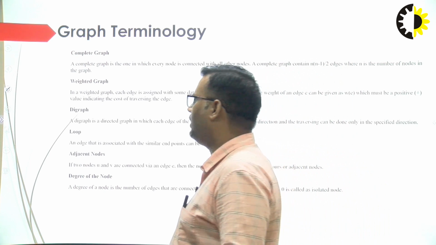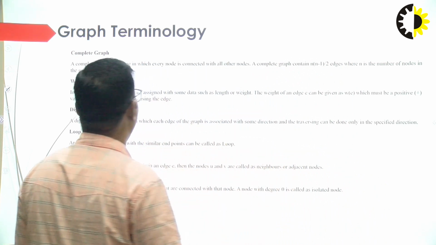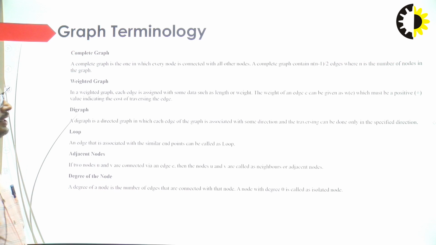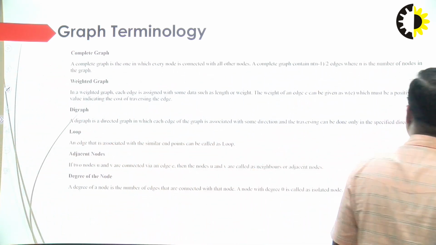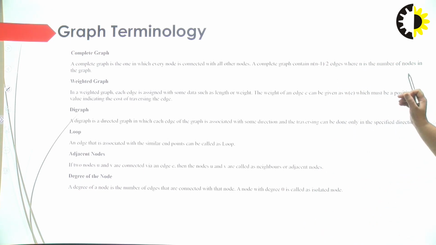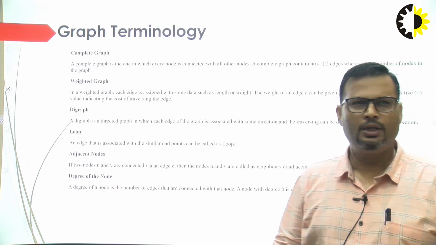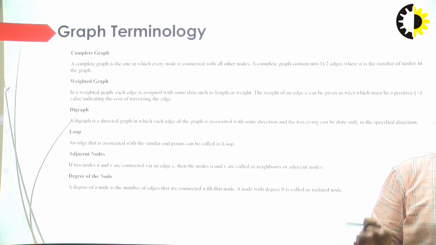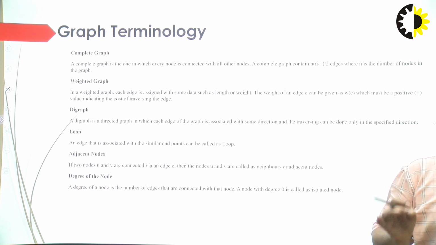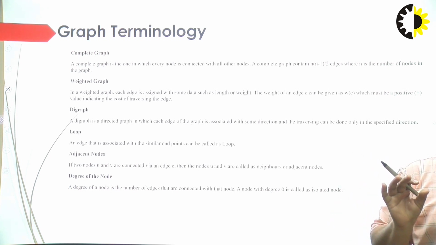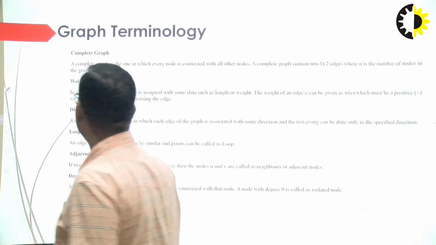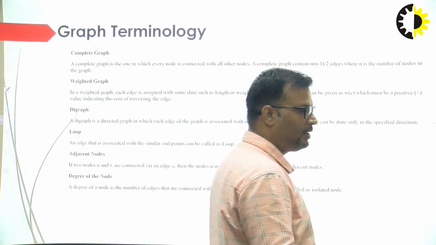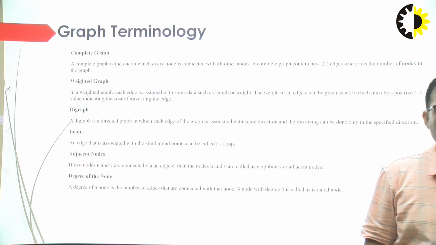व्हाट इज अ कंप्लीट ग्राफ? A complete graph is one in which every node is connected with all other nodes.